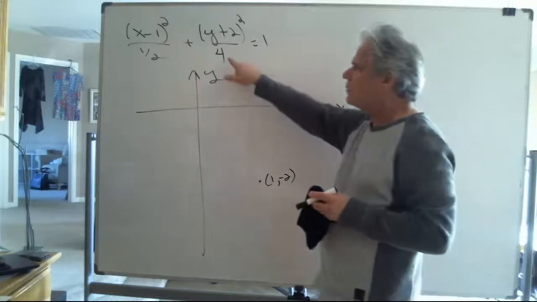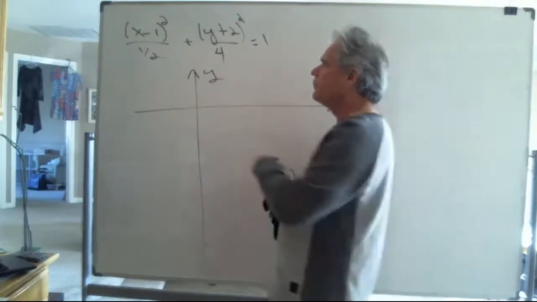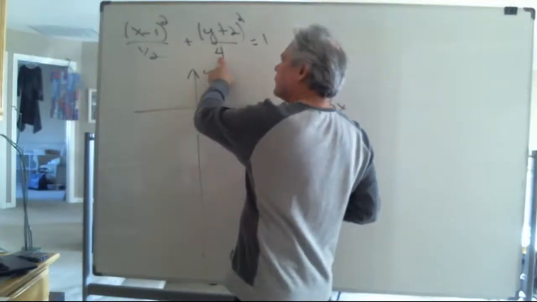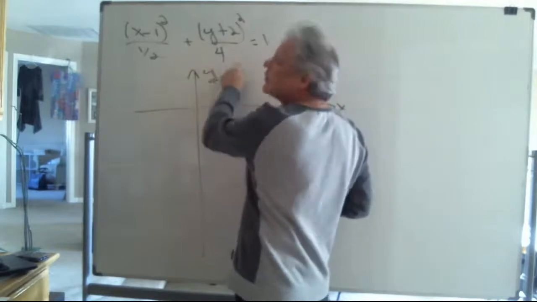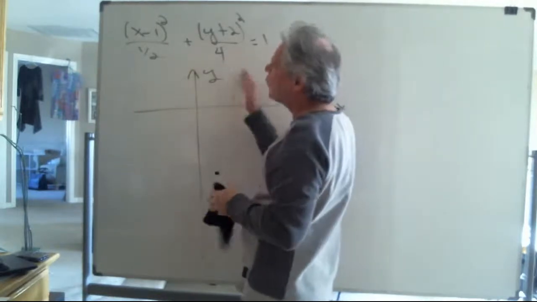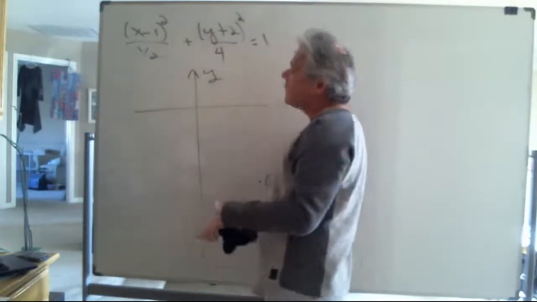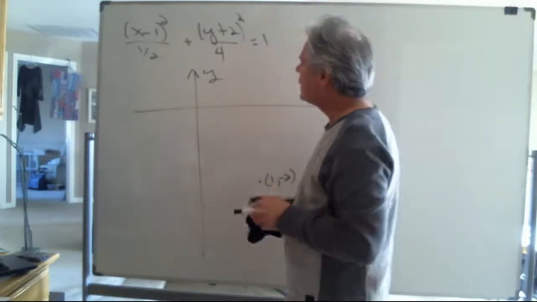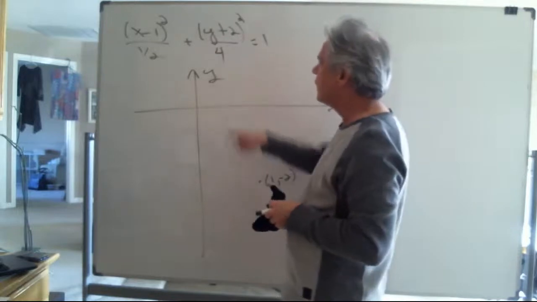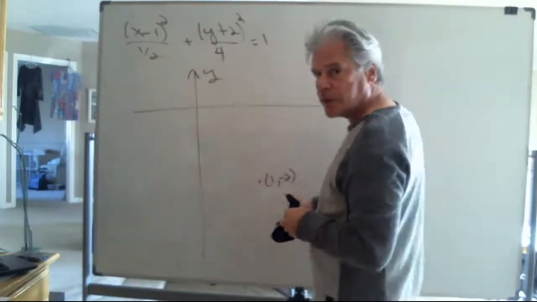Now a is equal to 2, and by the way, since this is 2 squared, this really is a squared. So a squared being bigger than b squared, which is 1/2, or a being bigger than b, I'm elongated more in the vertical direction. And so my vertices are going to be located 2 units above and below the center.